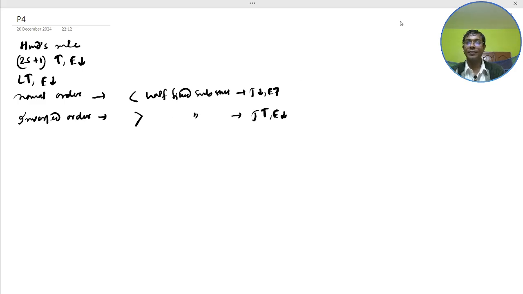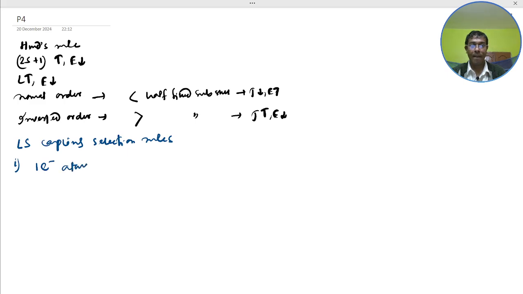And second one is the selection rule for LS coupling. So for one electron system, one electron atom, del L is equal to plus minus 1, del S is equal to 0.